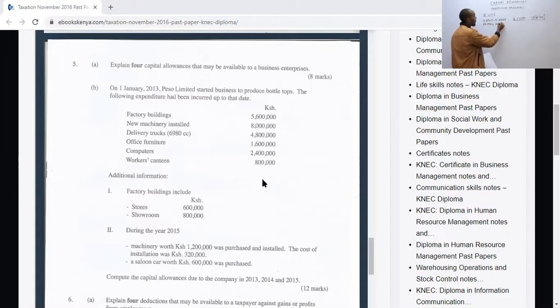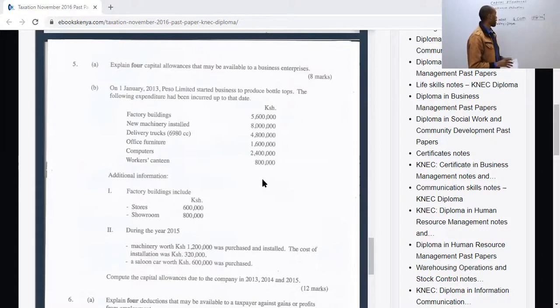That is the first item which falls under ID, which means investment deduction. The cost of this, we are given 5.6 million. So 5.6 million is the cost of building that factory.